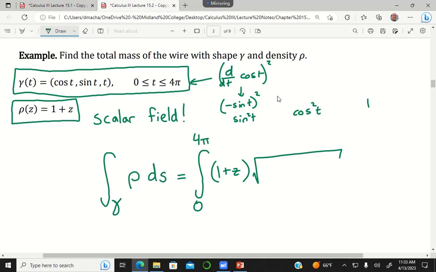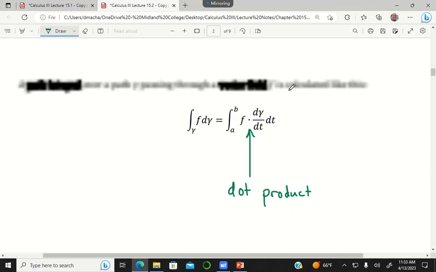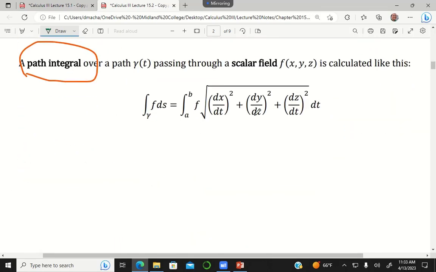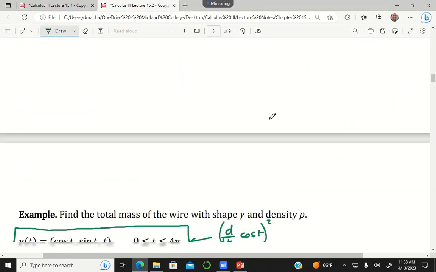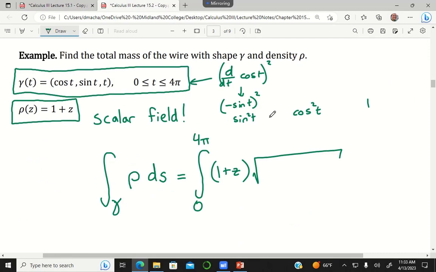So what happens inside the square root is we take the derivative with respect to t of those components, and then we square them and add them together. Right? You have this in your notes, but that's what we're doing right here. And then we'll have sine squared t plus cosine squared t is just 1, plus another 1 is 2.